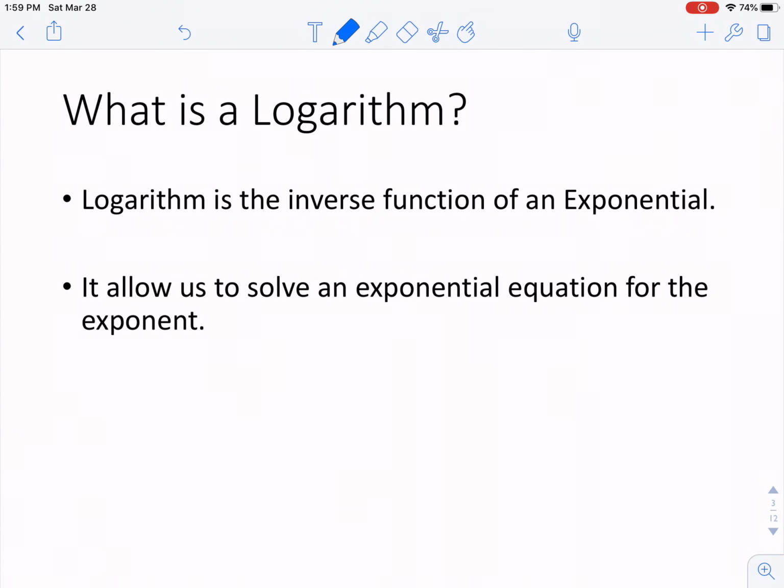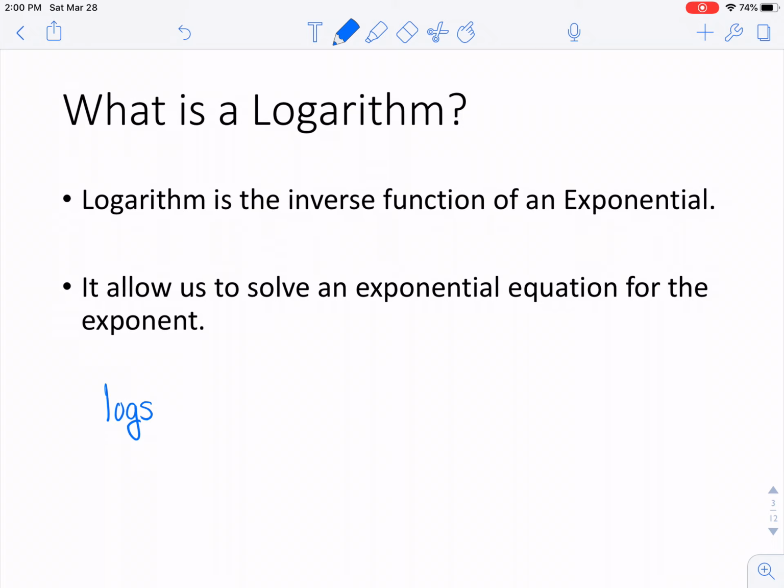A logarithm is just the inverse function of an exponential, and it allows us to solve exponential equations for the exponent. You will hear them referred to as logs, and not meaning things that you get when you cut down a tree. These are logarithms. They are the inverse function of an exponential.